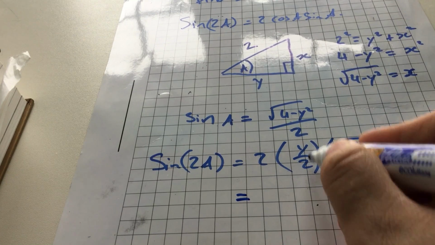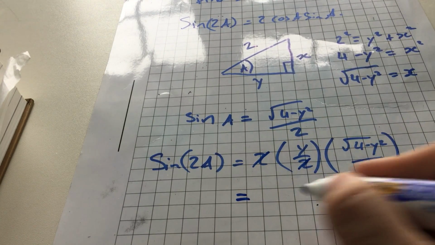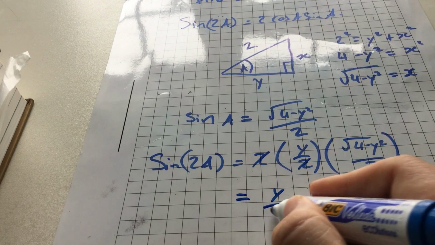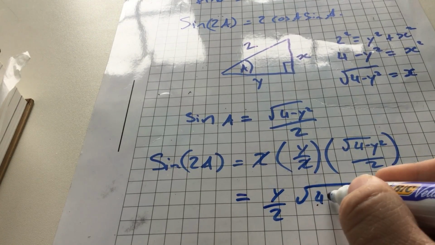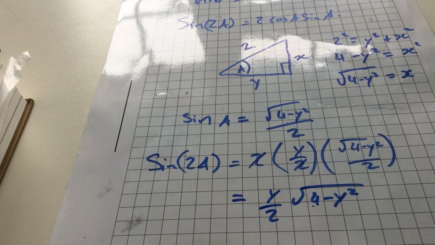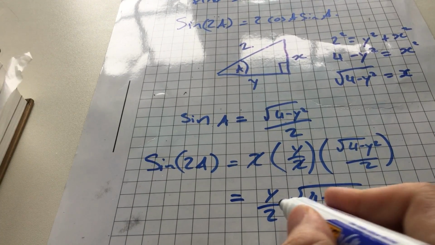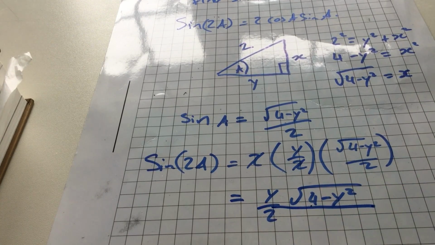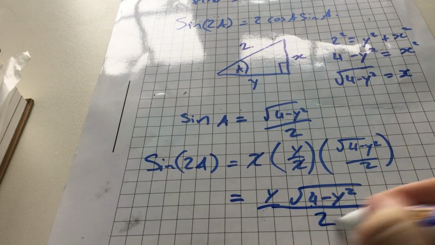Now, 2 is into 2, so I'm left with y over 2 times root 4 minus y squared. And that's it. Okay. Now, you can put it all over 2 like that. It's up to you.